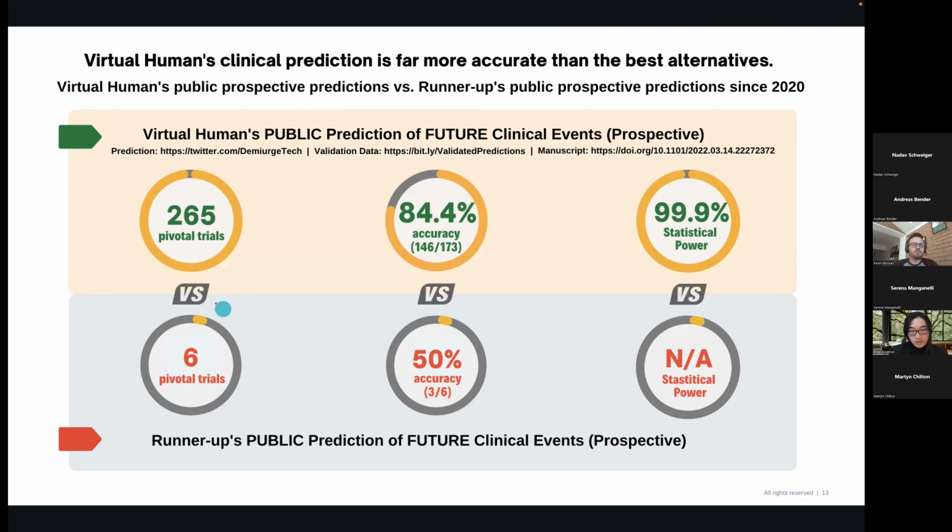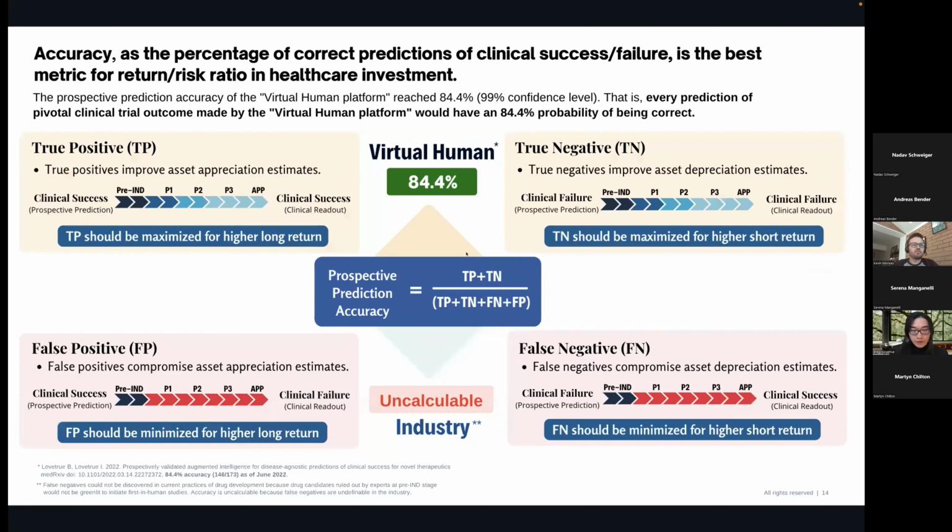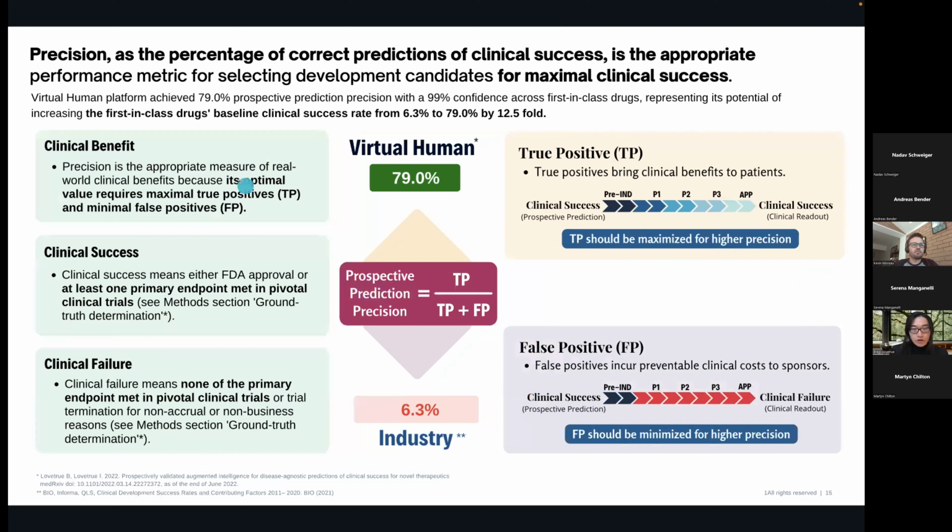In contrast, the runner-up company in the world with a similar platform has only published 6 pivotal clinical trial predictions so far with 50% accuracy, no statistical power. And more importantly, we look at other performance metrics, especially precision.